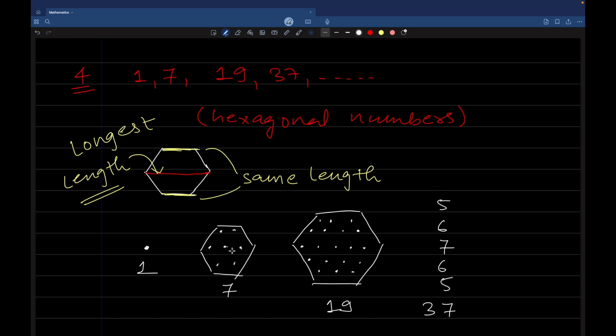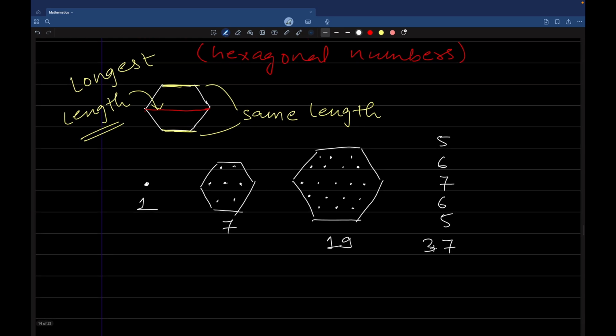We have 1 line here, then 3 lines, then 5 lines, and here we will have 7 lines. If we sum up all the dots, we will get 37.